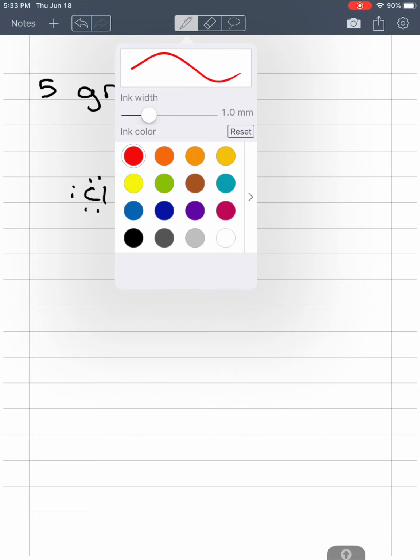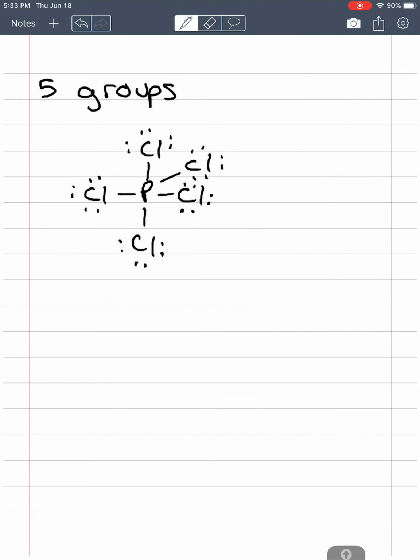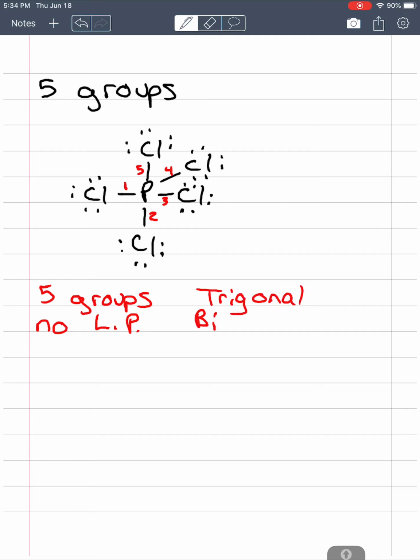So let's count up electron groups around the phosphorus. 1, 2, 3, 4, 5. These are trigonal bipyramidal.